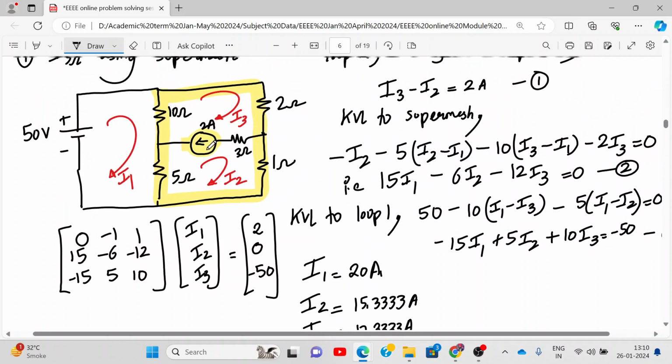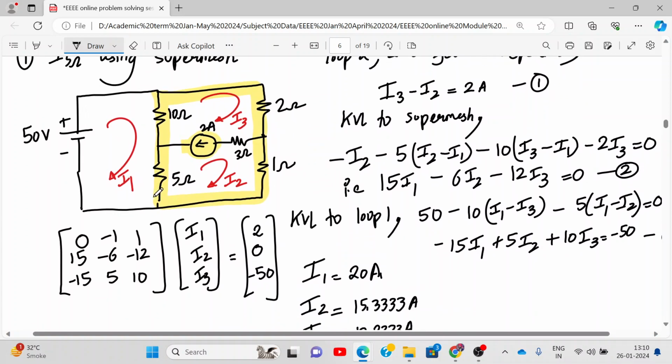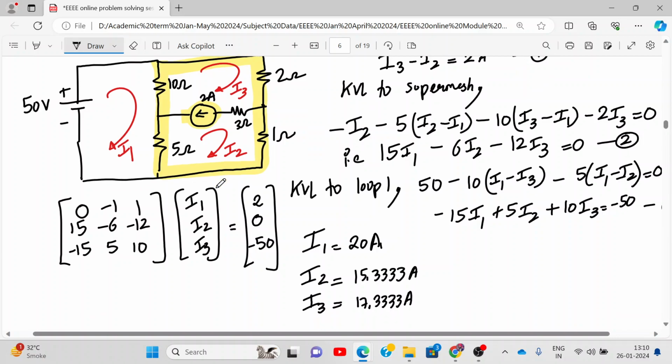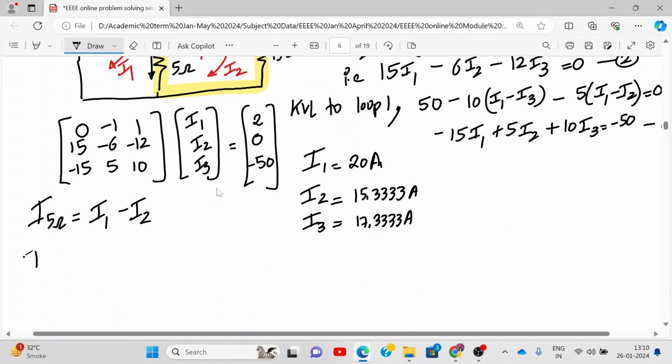Okay, might be. So what is the current through the 5 ohm resistance now? I1 minus I2 we can consider, right? We consider this direction down, let's say. So what is I of 5 ohm? I1 minus I2. How much is it now? 4 point something. 20 minus 15.33.